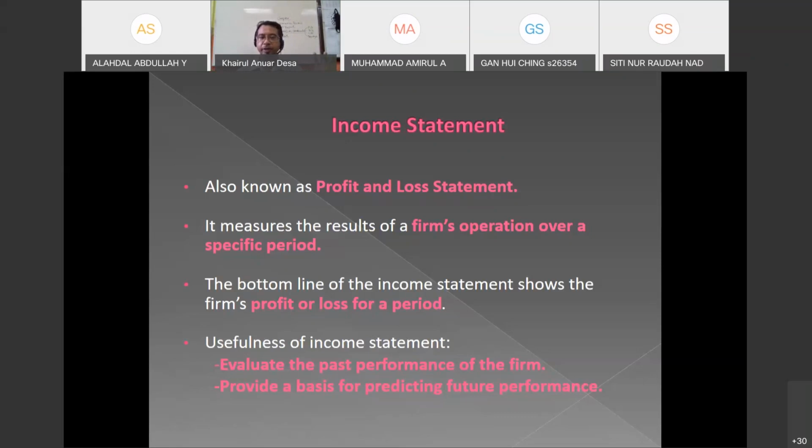So syarikat apabila dia dah melihat kedudukan kewangan tahun lepas, dia akan menggunakan data-data atau maklumat-maklumat tersebut untuk merancang tindakan pada masa depan. Okay, based on the past year financial performance, the company will set a new strategy to build new techniques, okay, to face new challenges in the future. Okay, that is the income statement.